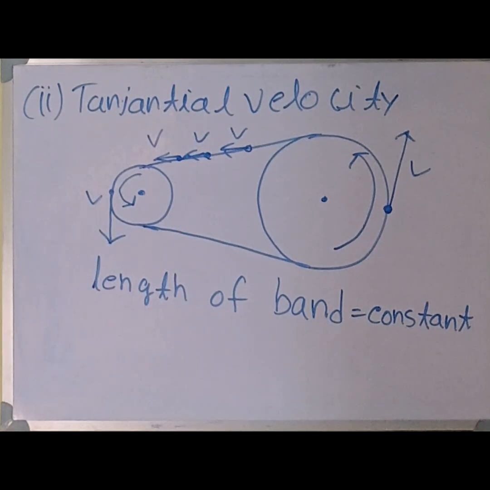If it is not the same, then of course the length will vary and the machine will not work properly. This was the concept of tangential velocity. I mean to say that the tangential velocity of both the wheels is the same.